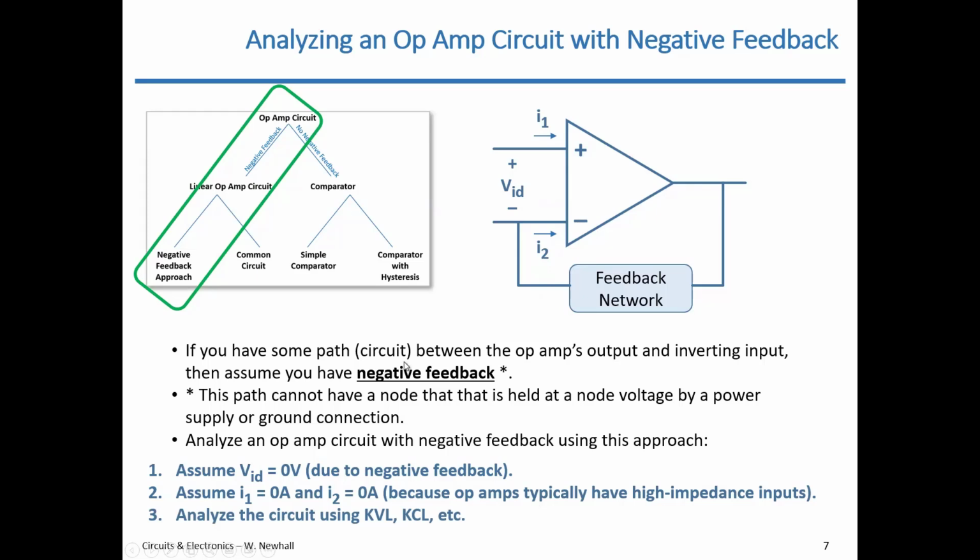So if you have negative feedback and you don't know the circuit, you've never seen it before, you're going to use this 3-step negative feedback approach. And we will work an example of that next week. Not next week, spring break, the week after that. Next class is the exam.